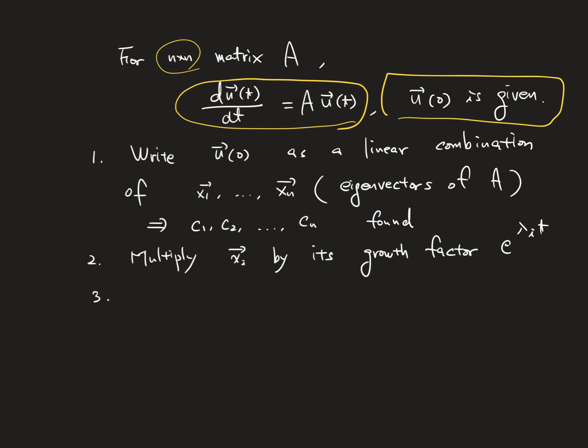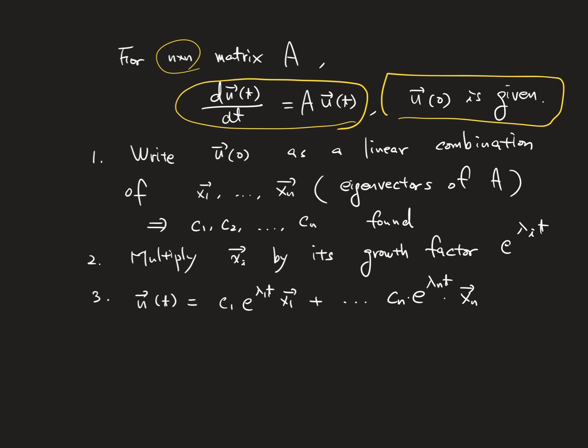And the third step is the u vector. The solution will be c1 e^(λ1 t) x1 plus up to cn e^(λn t) xn, where the x's are eigenvectors.